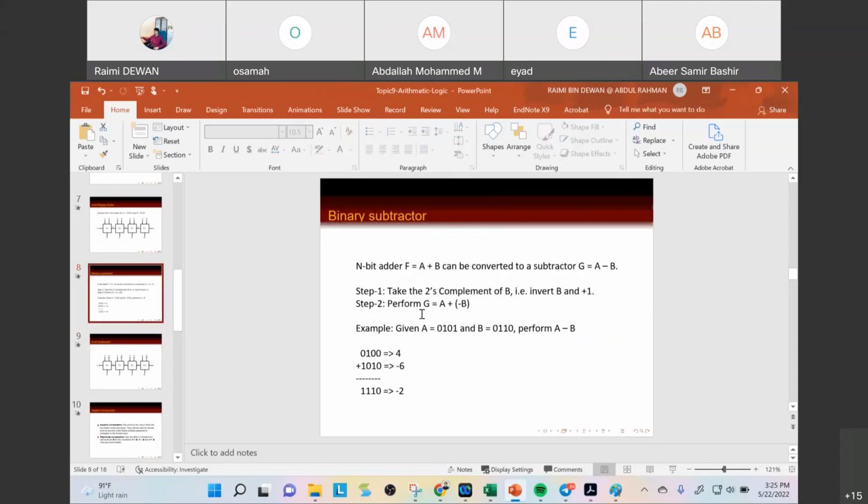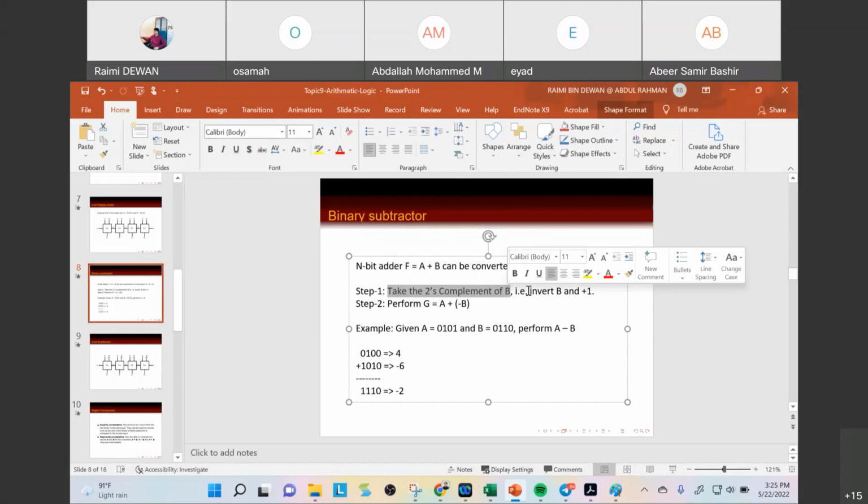And then perform G equals A plus negative B. So how do we do the two's complement? If you forget, because I will not repeat, try to read first and see whether you get the same or not. Because it's different, right? One's complement is like this, how you obtain two's complement is like this, and the sum is like this.